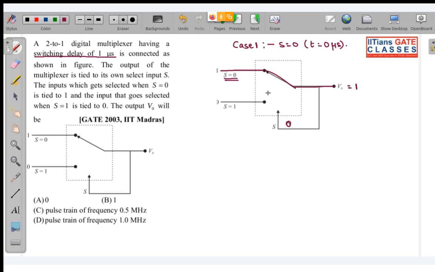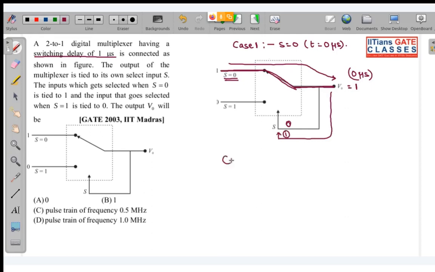So when S is equal to 0, immediately your V0 will be 1 at the 0th microsecond. So this is your flow diagram. At the 0th microsecond this is your 1. Now, immediately even this will be 1. But switching will take place after 1 microsecond.